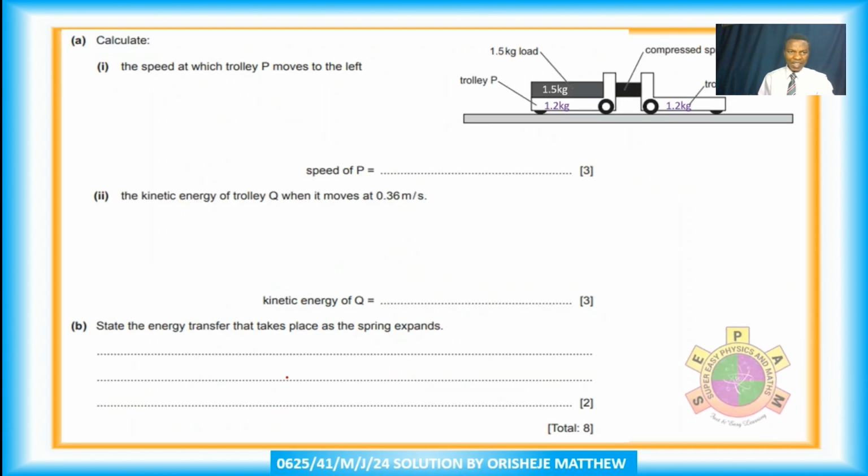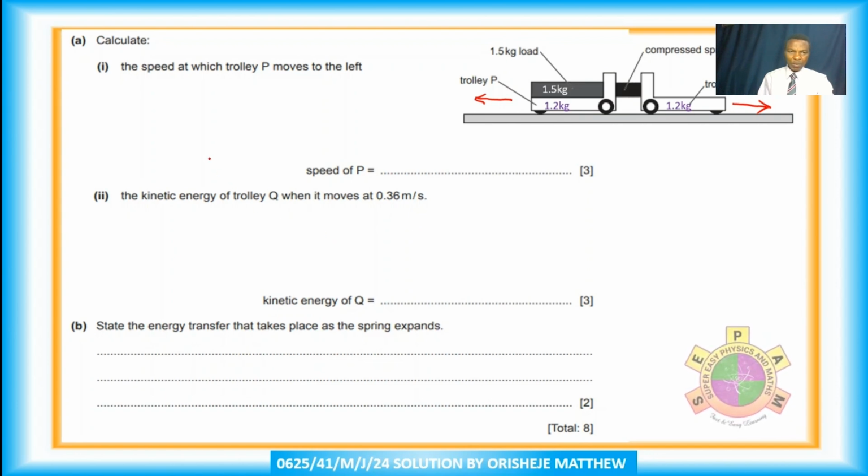Next, calculate the speed at which trolley P moves to the left. Trolley P will move to the left, and trolley Q moves off to the right. So we are going to use the principle of conservation of momentum.